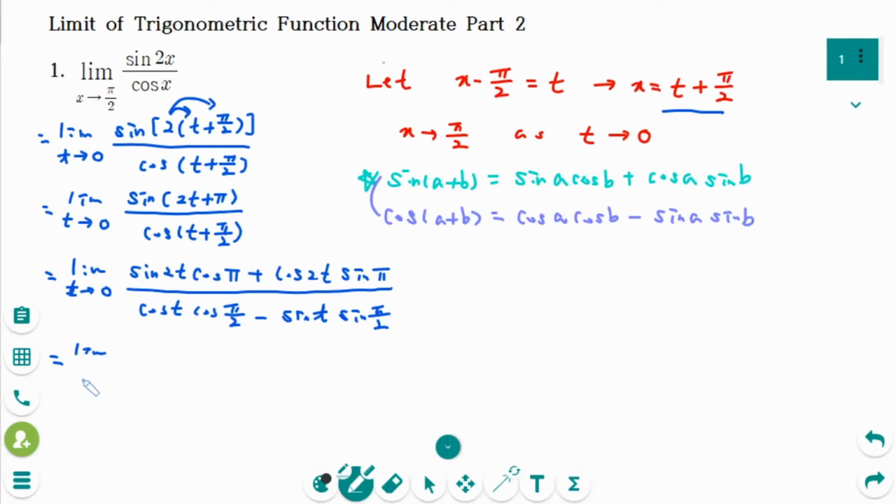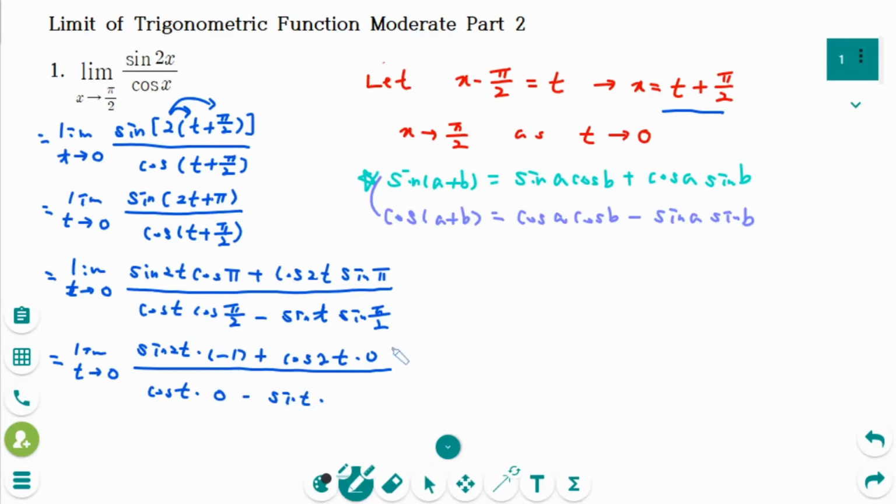Then limit as t approaches 0 sine 2t cosine pi means minus 1 plus cosine 2t sine pi means 0, over cosine t cosine pi over 2 means 0 minus sine t sine pi over 2 means 1.